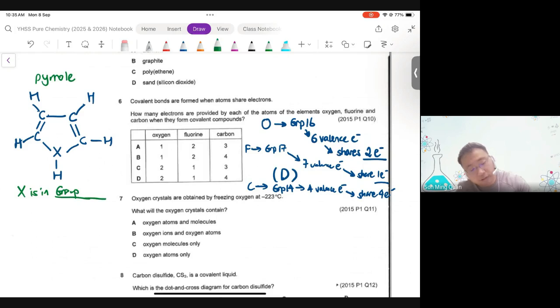Is it group what? To help you, I'm going to create a poll. Okay, I've launched a poll. It's an MCQ. X is from group number what?